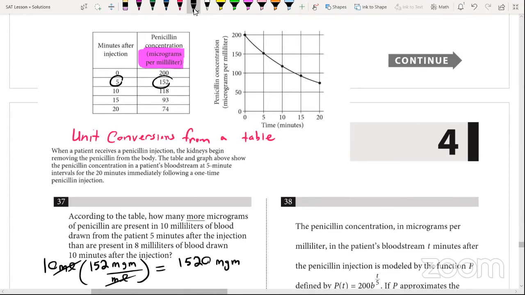For the 8 milliliters of blood that they talk about later in the problem, those are drawn 10 minutes after the injection. So 10 minutes after, we're talking about 118 micrograms per milliliter.